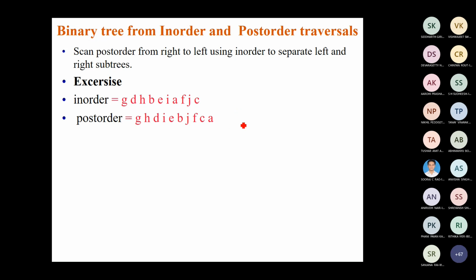In the post-order traversal, we visit the nodes in the following sequence: left, right, followed by the root. So you are going to visit the root at the end.